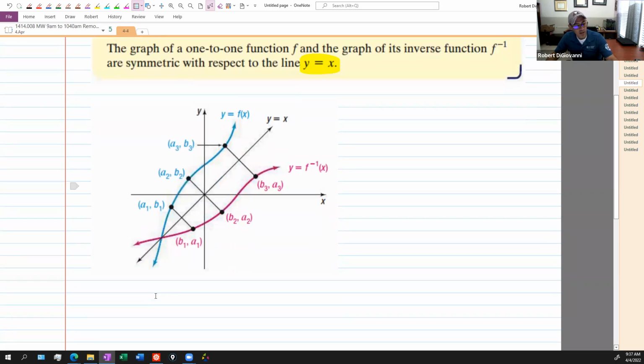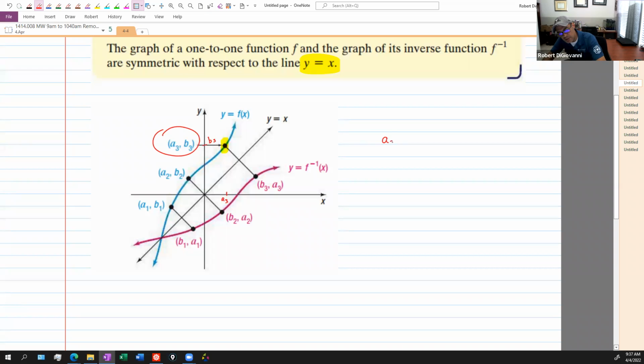So let's just look at this yellow point for a second, all right? They give you the coordinates (a3, b3). That means if we move to the right, here's a3, that's the x coordinate. The y coordinate is b3. So try and visualize it this way.